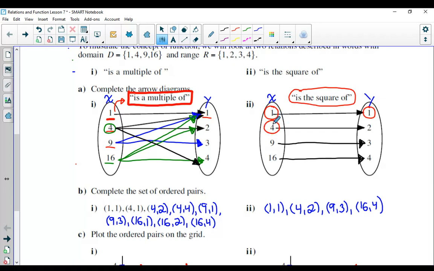An input value of 4 relates to a single output value of 2. An input value of 9 relates to a single output value of 3, and an input value of 16 relates to an output value of 4. Because of that, we would call this a function.